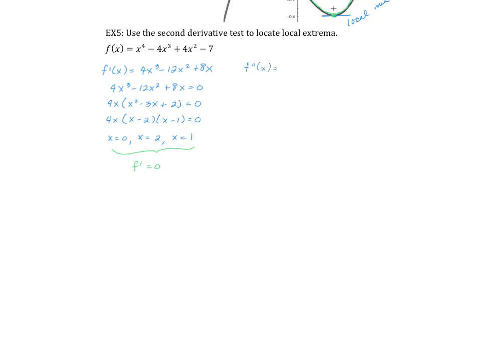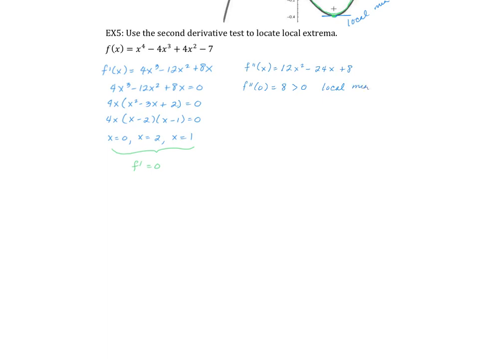The second derivative is going to be 12x squared minus 24x plus 8. The second derivative evaluated at that first point 0 gives me 8, which is greater than 0. So this is a local minimum.